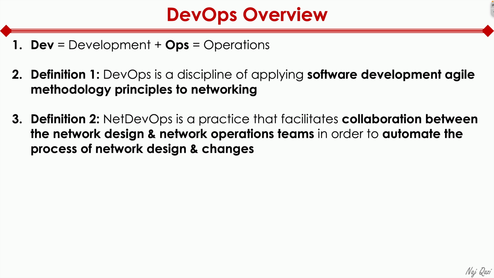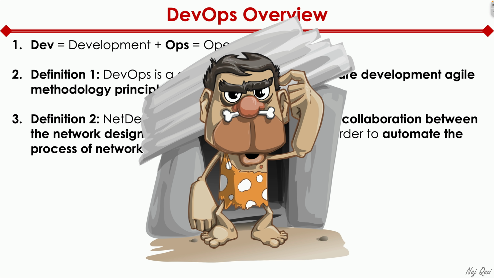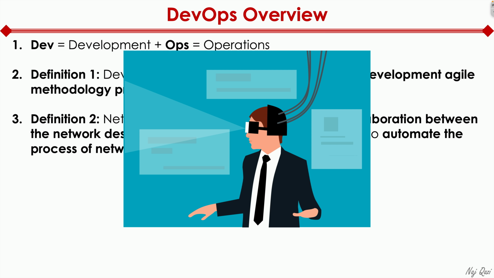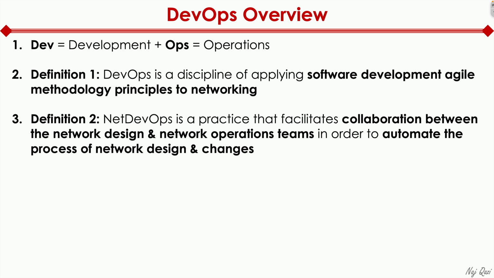So what the second definition is saying is we have evolved. So remember how we used to be cavemen and then fast forward 21st century and we're now living in a metaverse. Similarly, we used to do things by hand. Now things are changing. Now we need to automate because there's a proliferation of technology, new IoT devices, new hacking attacks, and with new demands, we have to have a new type of methodology of doing things.